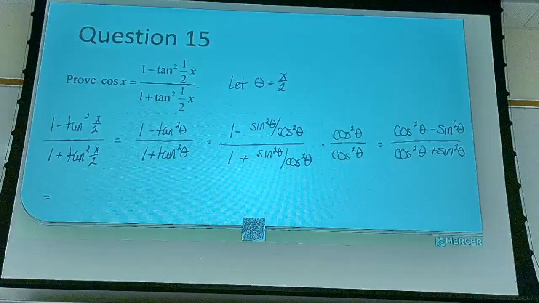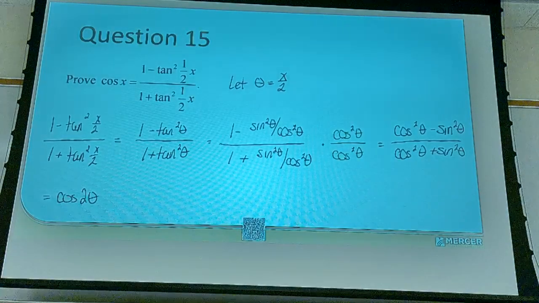Cosine squared minus sine squared. Is that cosine of 2 theta?